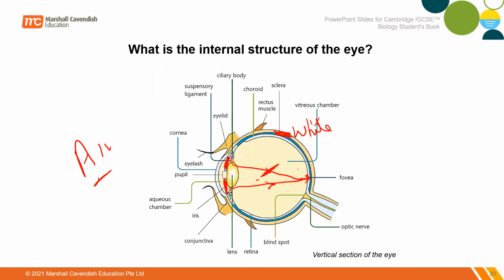All of the light is now received by the retina, and electrical impulses are created. All of the electrical signals will travel through the optic nerve to the brain in order to translate the electrical impulses and to see.